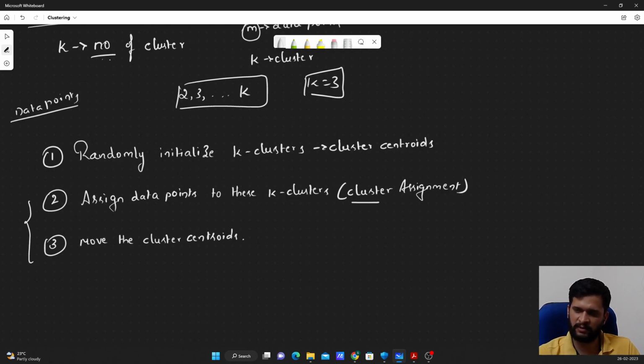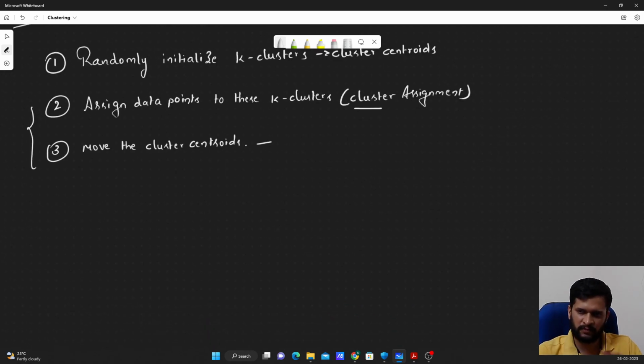One is cluster assignment and another is moving the cluster centroids. So I will talk about these two important steps in detail now. Okay. So the step cluster assignment, right? So I will just name it as cluster assignment.